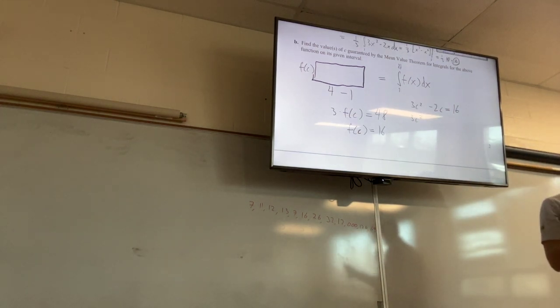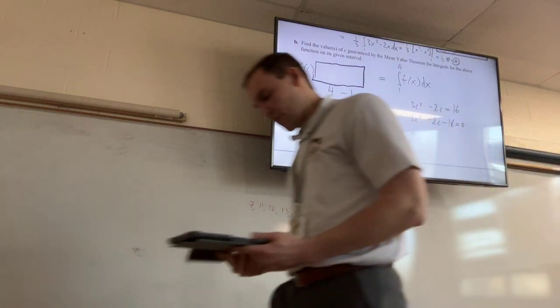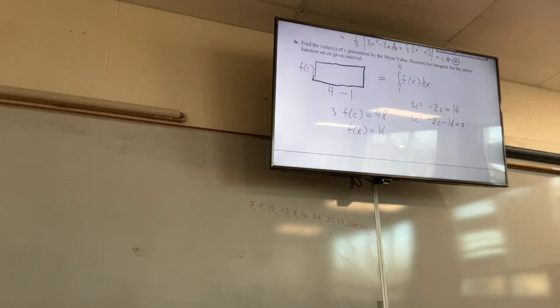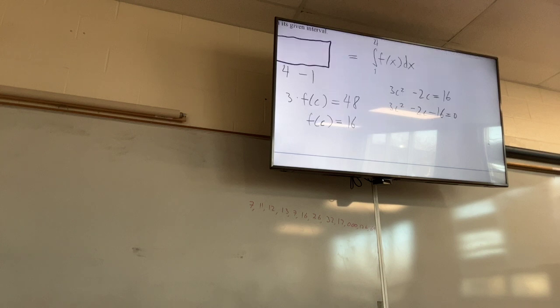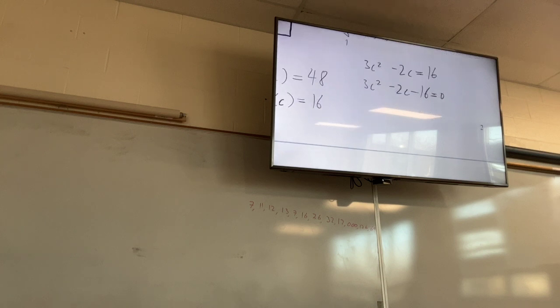So 3c squared minus 2c minus 16 equals 0. I hate factoring. Is that factorable? 4 minus 4 times 3 times that is 16. Oh, I hate that.